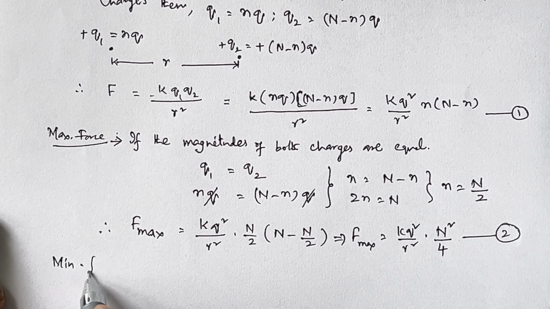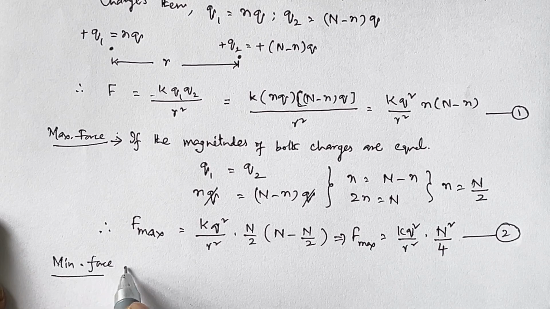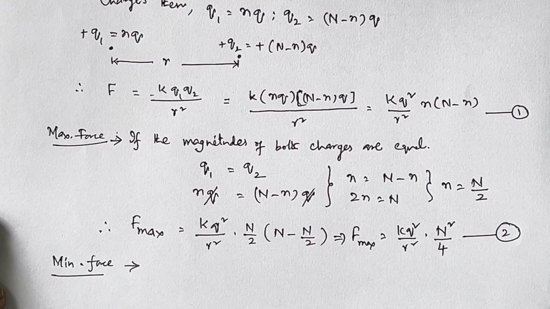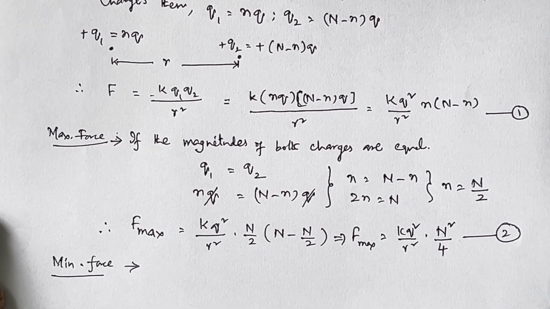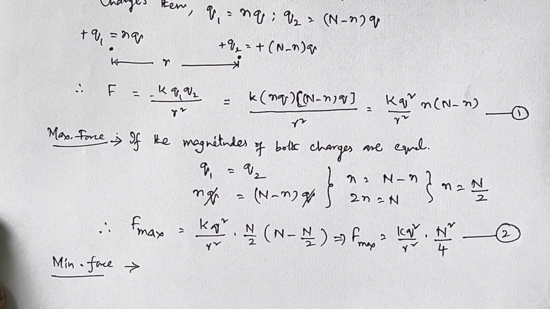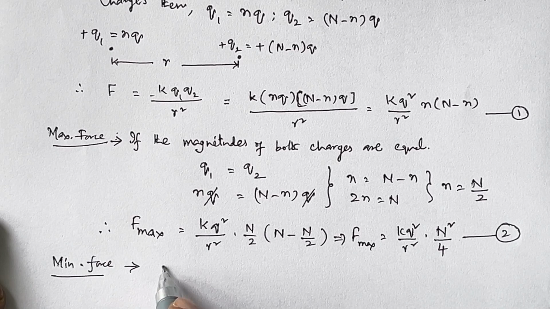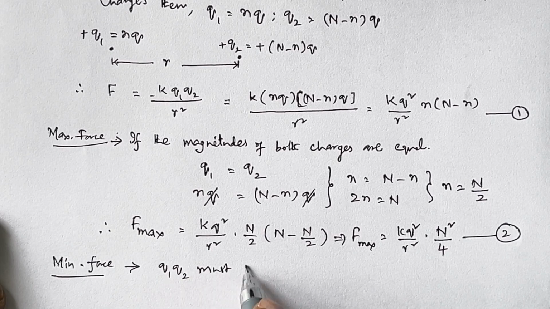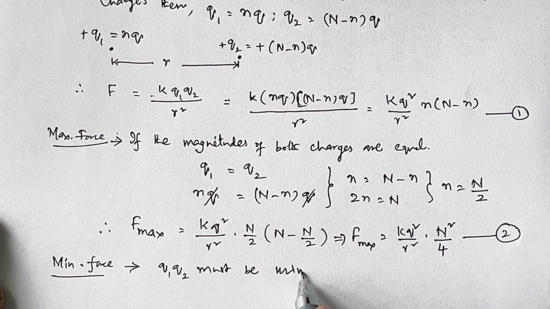Minimum force. So when this product of n and N minus n is minimum, then it will be very less. Both must be less. The product must be less, then only the minimum force will be there. Q1, Q2 must be minimum.